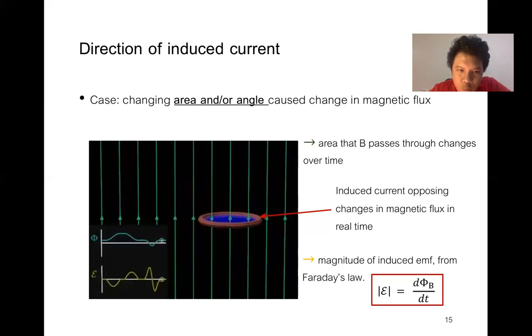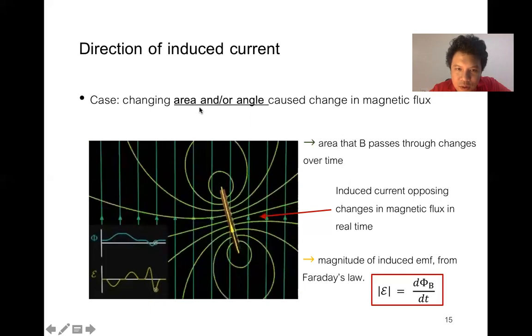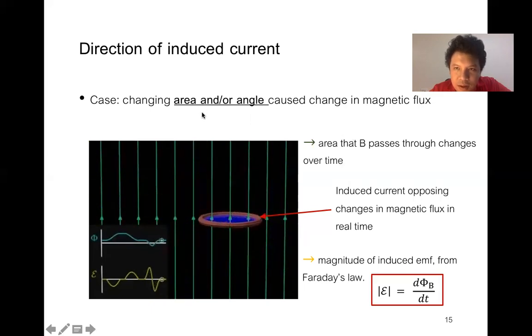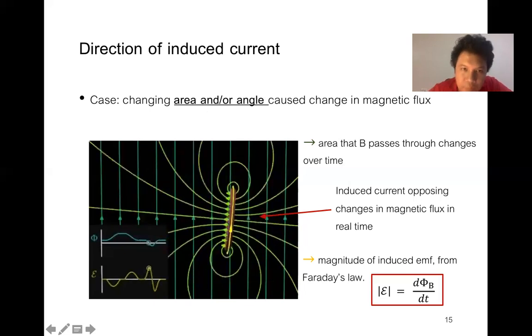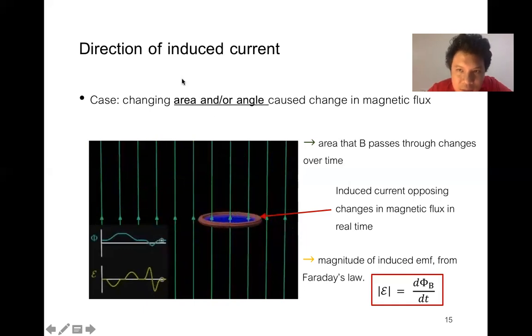Whenever you see the decrease of magnetic flux, you are going to have the current flow in. Okay, let me do this for you again. It might be a little bit difficult.